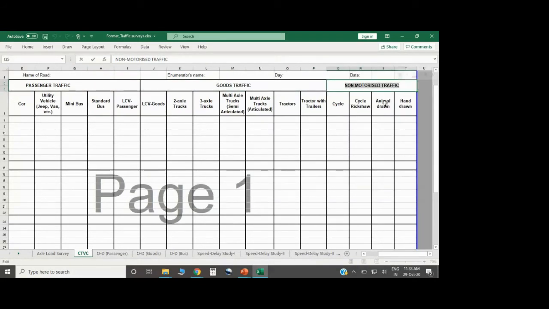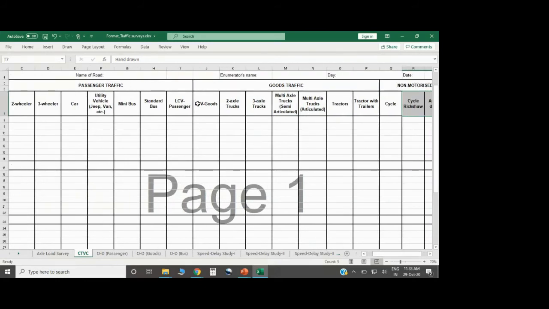Okay, so in non-motorized, you have cycle, cycle rickshaw, animal drawn, hand drawn. We are in India, so we still have to consider these aspects as well, because maybe cycle rickshaws you don't see in Maharashtra, but in the northern part of India, cycle rickshaws and animal drawn vehicles are still in use, or even hand drawn cycles are there.